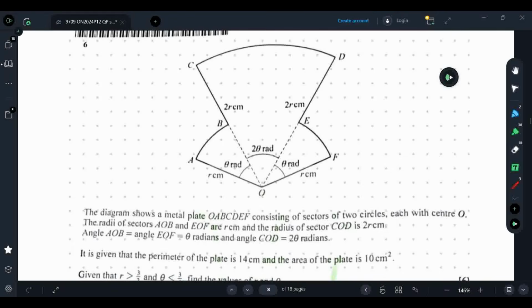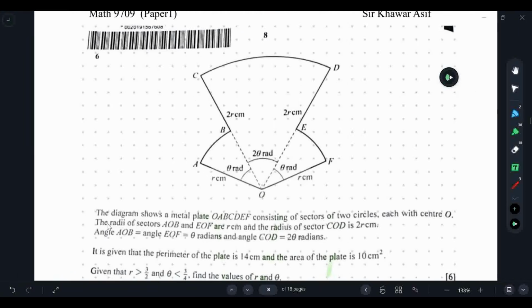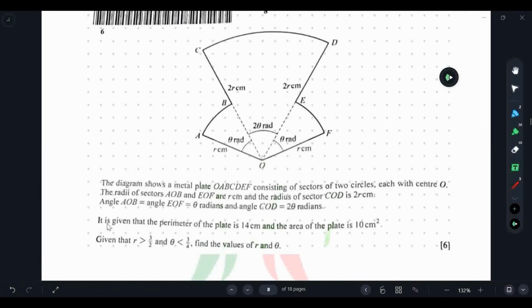Let's move to question number 6. Question number 6 is related to circular measures.